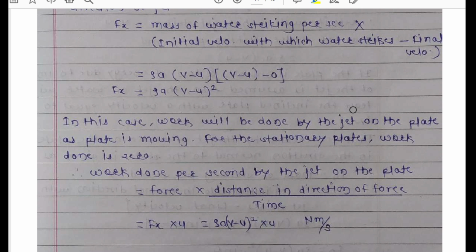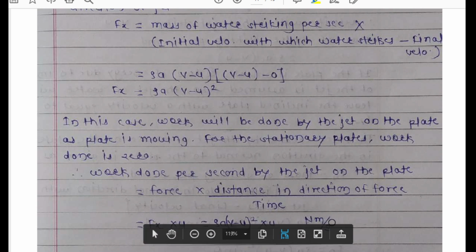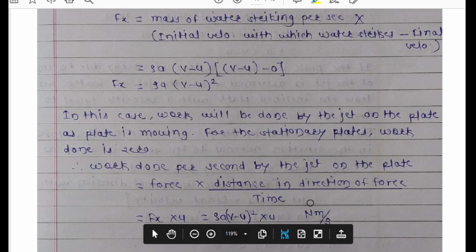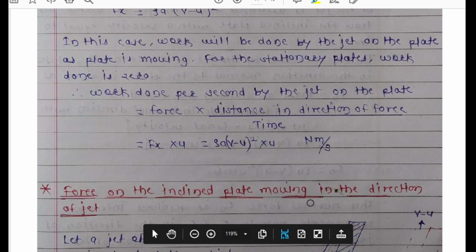Here, as the plate is moving, there will be some work done by the jet on the plate. Work done can be calculated as force into distance in the direction of force upon time. Distance upon time is nothing but velocity.